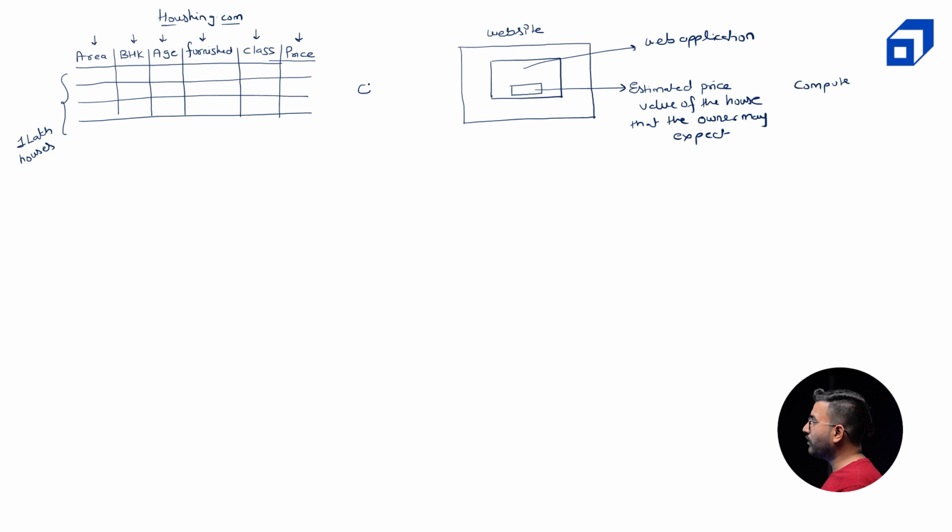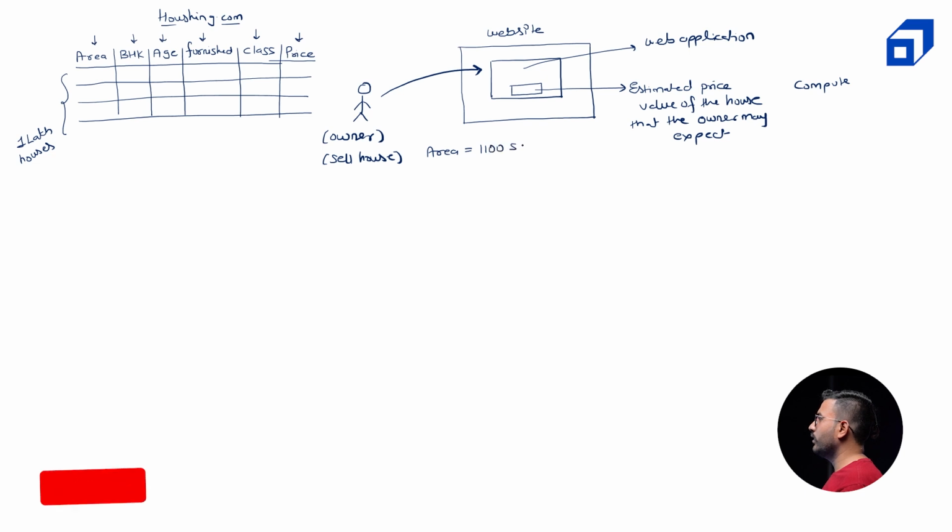So what does the user have to provide? Let's say this is the owner, and this owner is willing to sell his house. Now this owner will be required to put various inputs in this website. Let's say the owner has to provide the area of the house. Let's say the area is 1100 square feet.